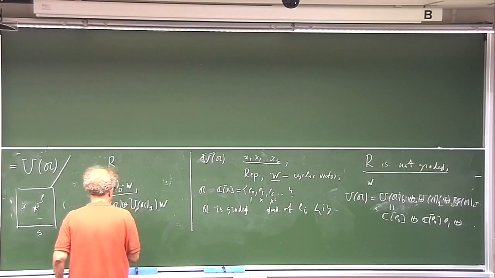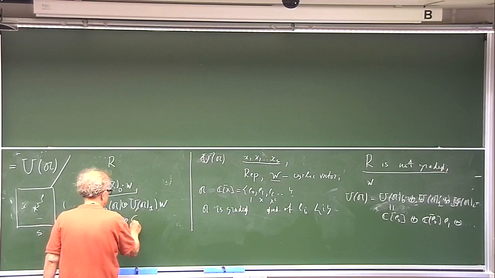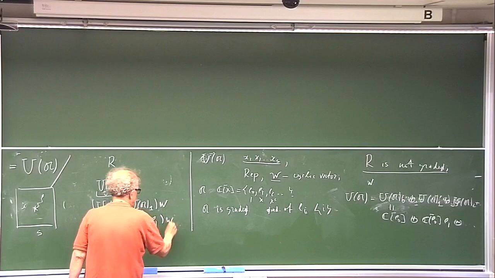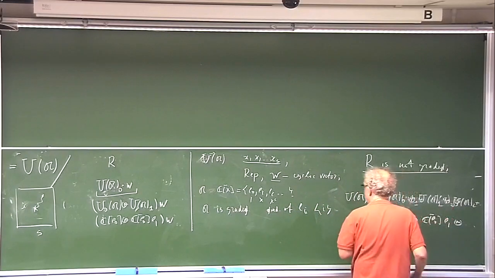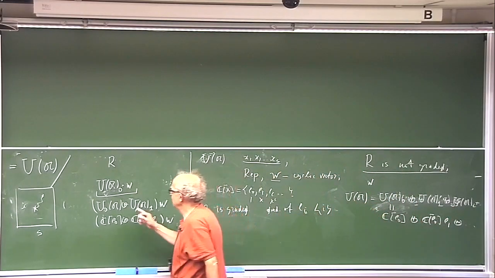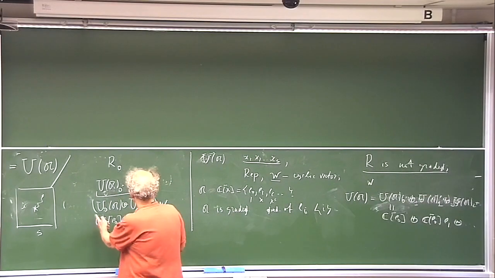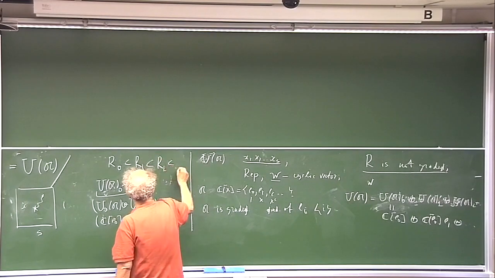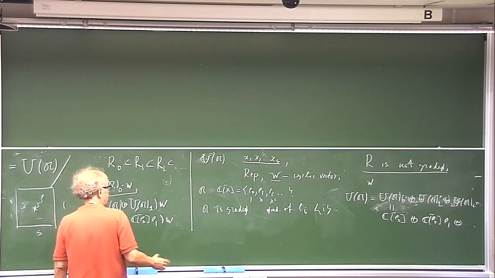It is a bigger space. So it means in our case that I have what I have here plus this, and I apply it to this. Next, I have a part here and apply, and so on, and as a result, this will be R0. This part is R1. Next is R2, and so on, and it will be just a filtration on my representation.